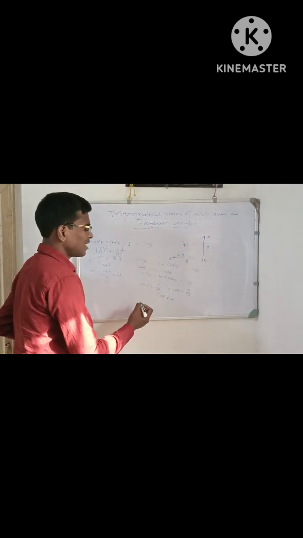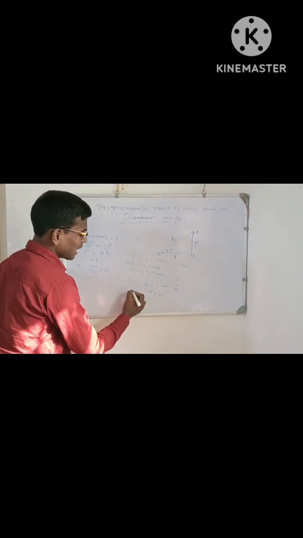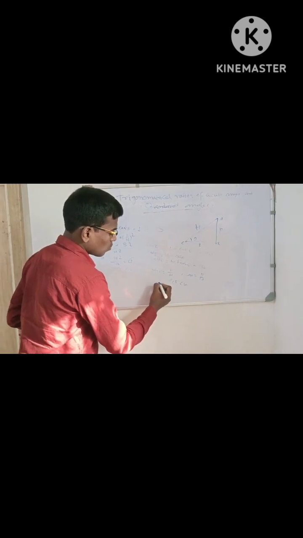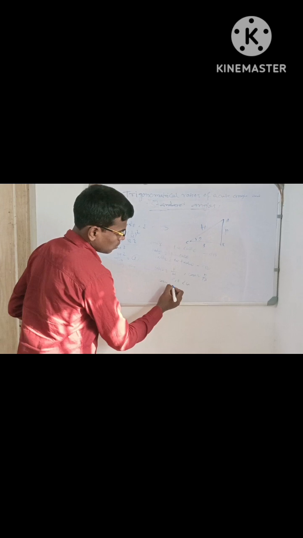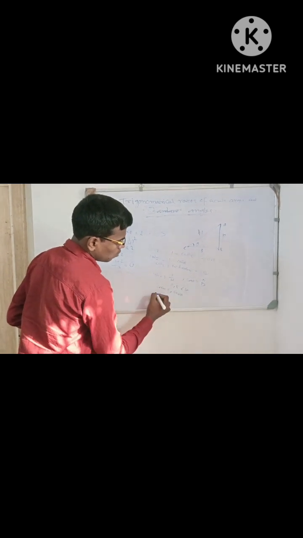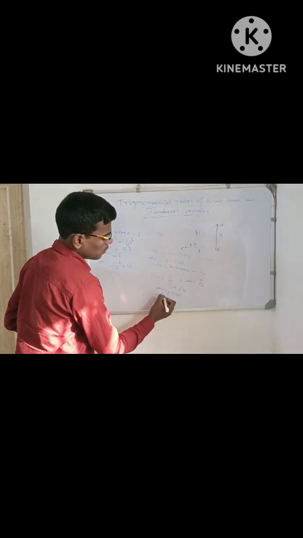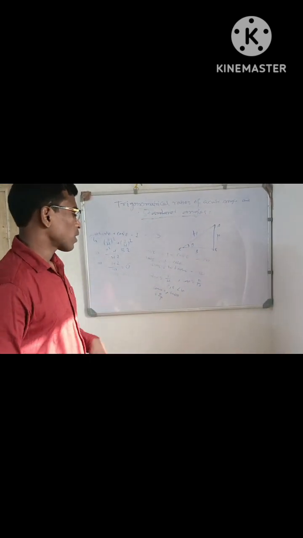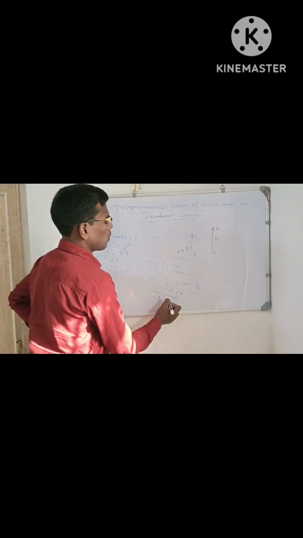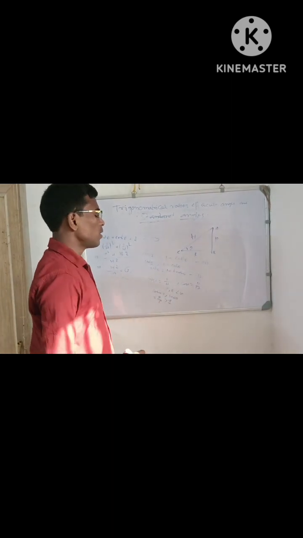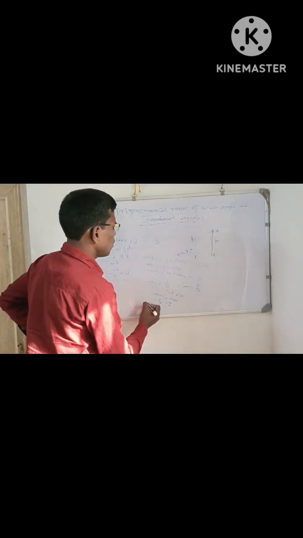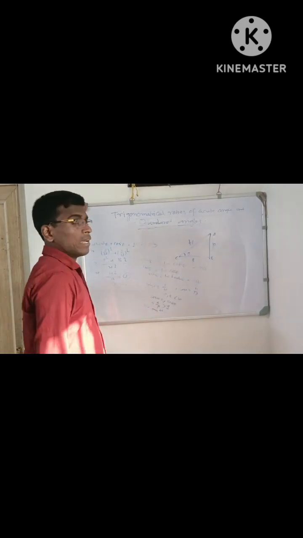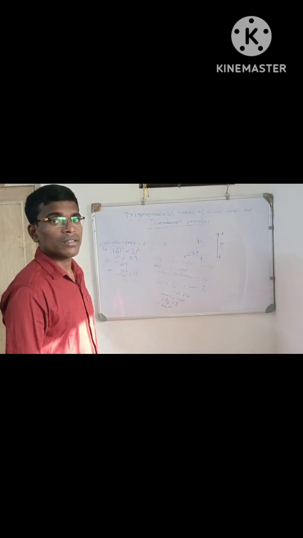For cosec theta and sec theta, as cosec theta equals hypotenuse by perpendicular, the values of cosec theta and sec theta should be greater than 1. This is to be remembered. And tan theta and cot theta may take any value.